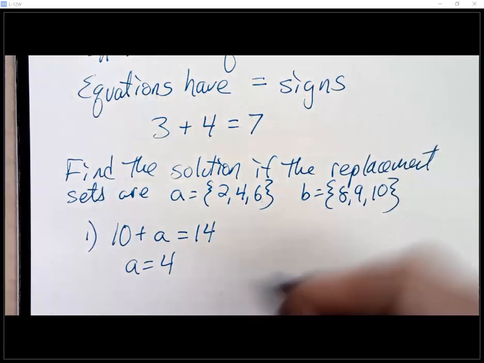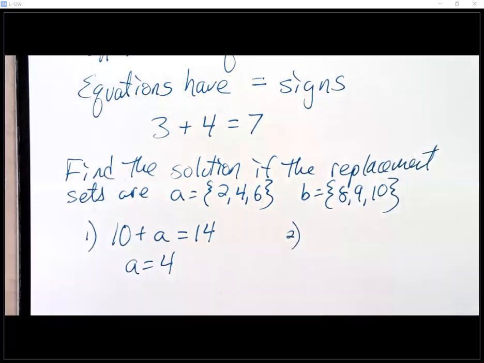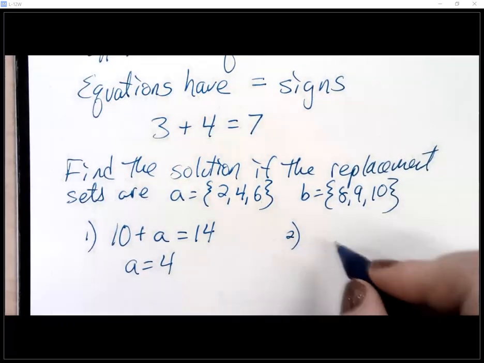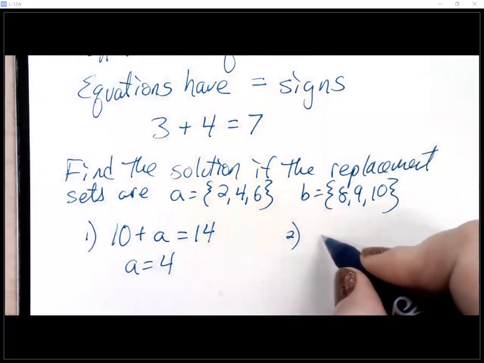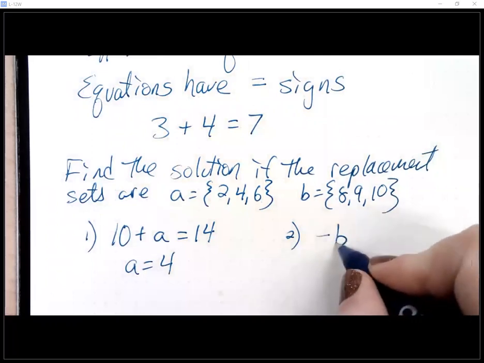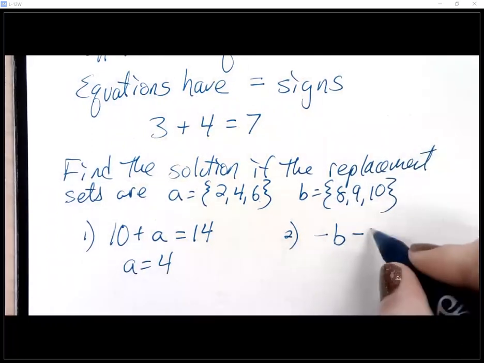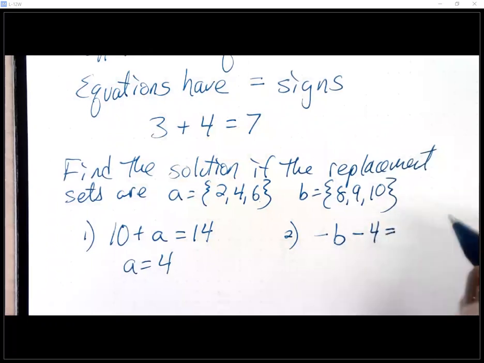What if I had something like negative B minus 4 equals negative 13.